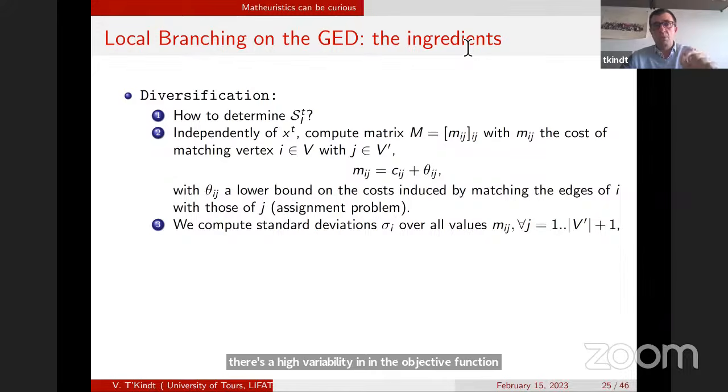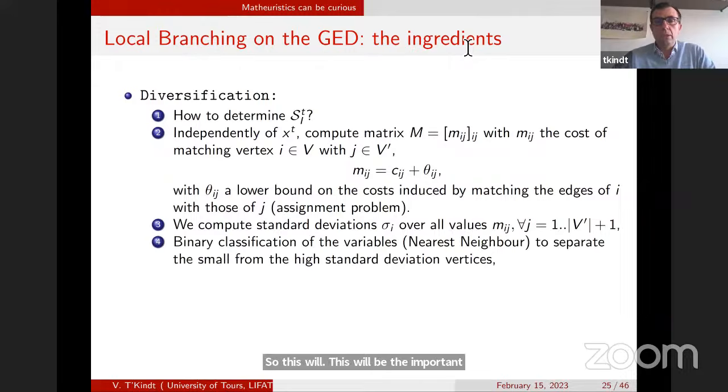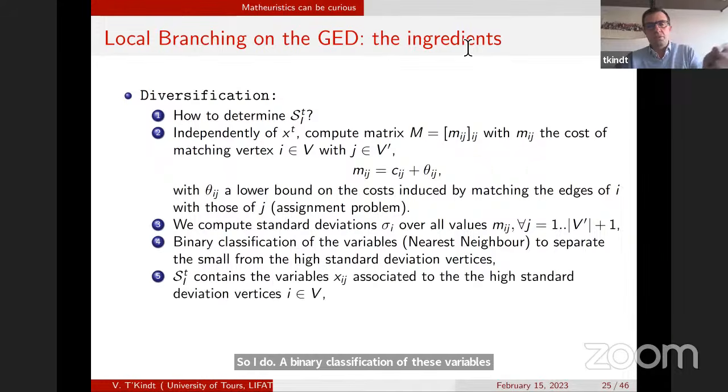So these will be the important variables for diversification. So I do a binary classification of these variables based on the standard deviation, and I identify the class of the variables having the largest standard deviation sigma_I. This gives my set S_IT.